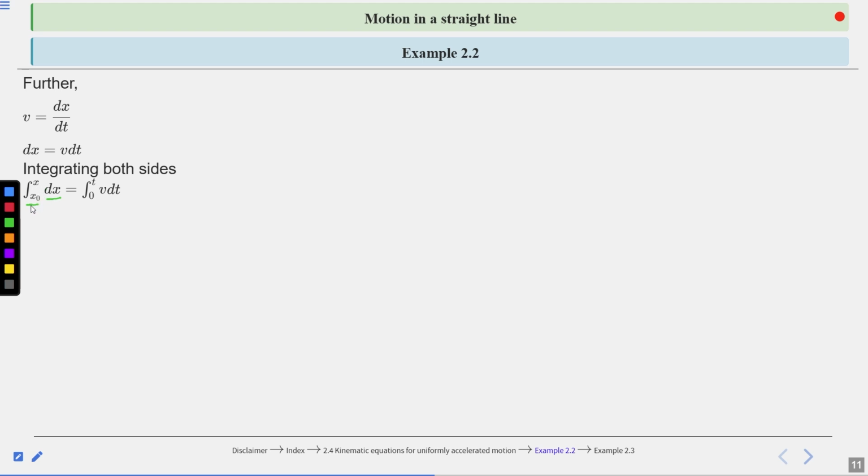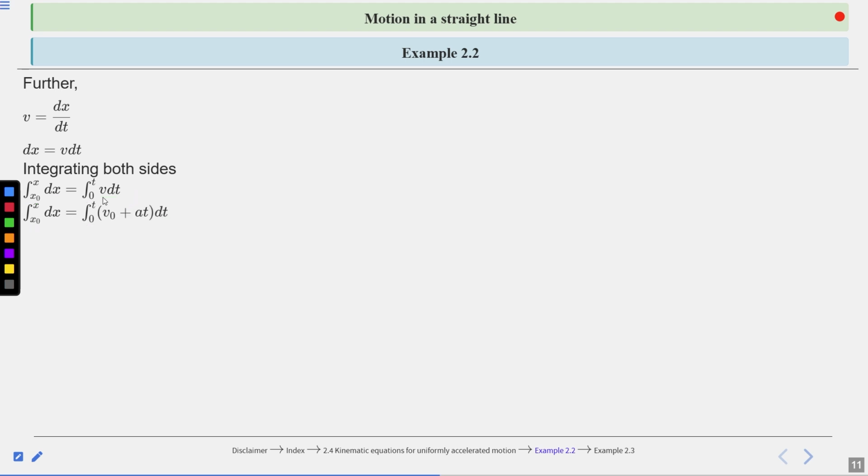So it will be the integration from x naught to x of dx is equal to the integration of v dt, initial time 0 and final time t.